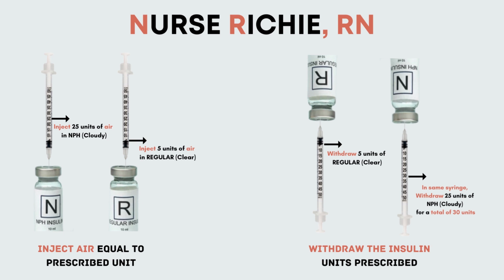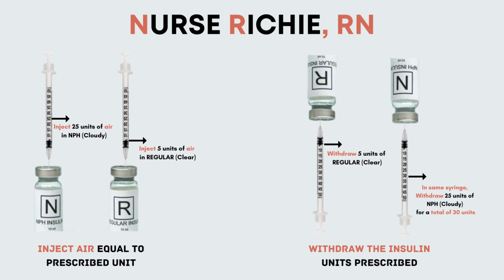So 25 plus 5 is what? 30. So you just go into your NPH and make sure you pull all the way to 30. All right, that means you now have 25 of NPH plus the 5 of regular that you have put out previously, for a total of 30 units. And that is how you would mix these two insulins together.